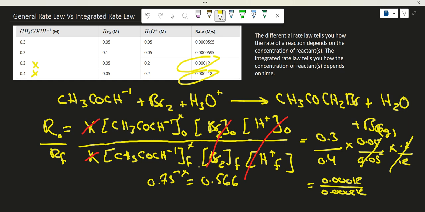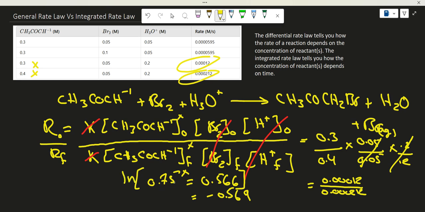So in this case, you take the natural log of both sides. If you take the natural log of 0.566, you end up getting minus 0.569. So our equation is taking the natural log of both sides of the equation.